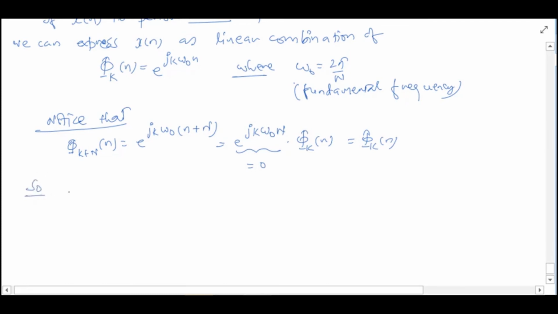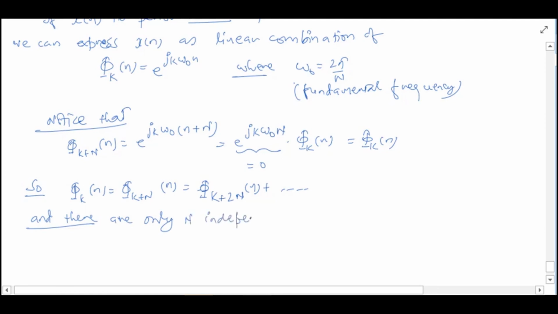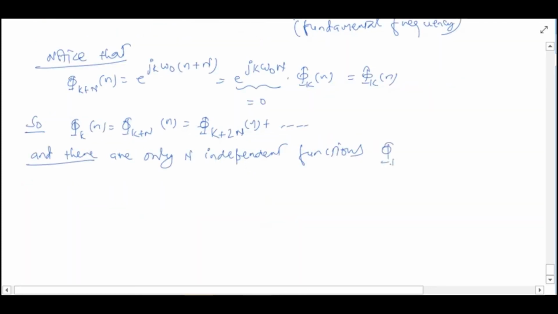So we see that phi k[n] is the same as phi k plus N, which in turn is equal to phi k plus 2N and so on, and there are only capital N independent functions, namely phi 0[n] through phi N minus 1[n].